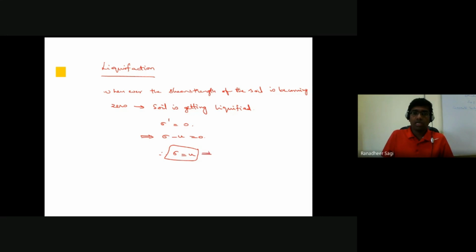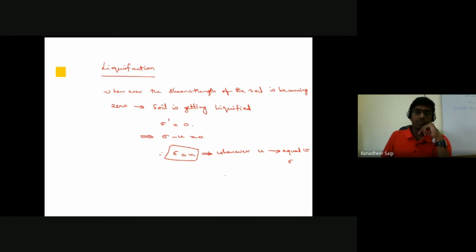Whenever the u value becomes equal to the total stress existing in that soil, we say the effective stress developed in that soil is becoming 0, and once the effective stress is 0, then automatically the shear strength of that soil is going to be 0.